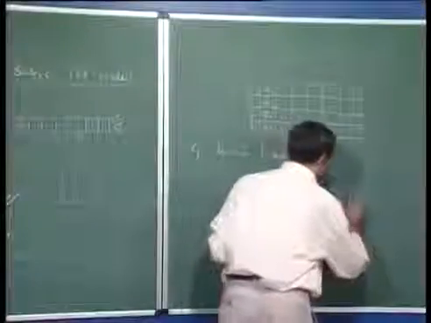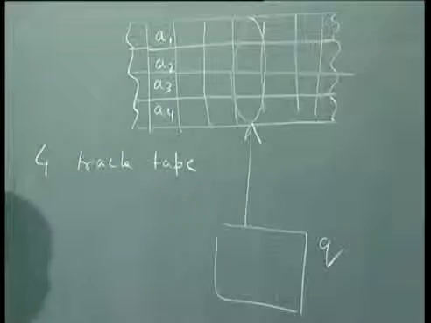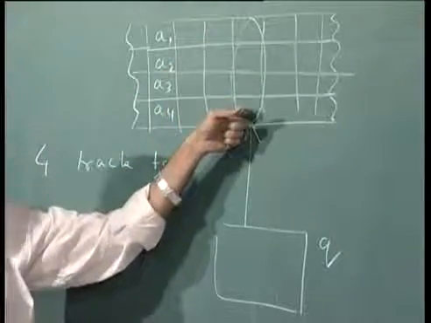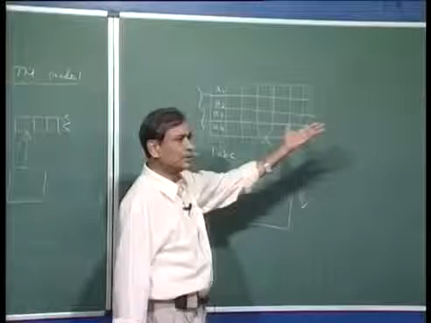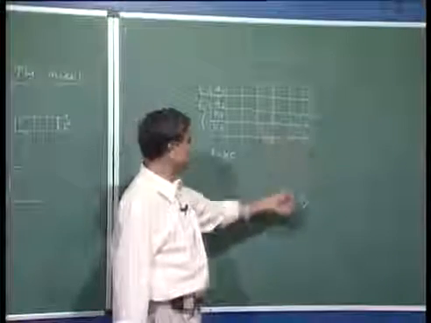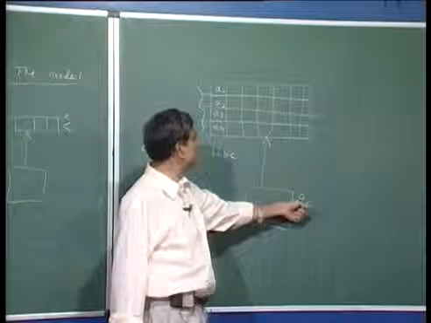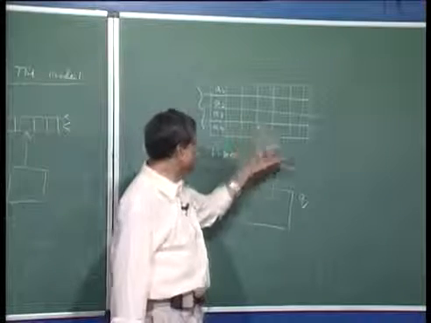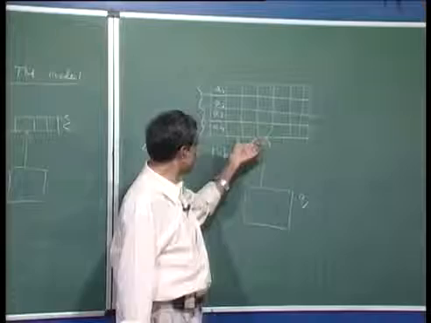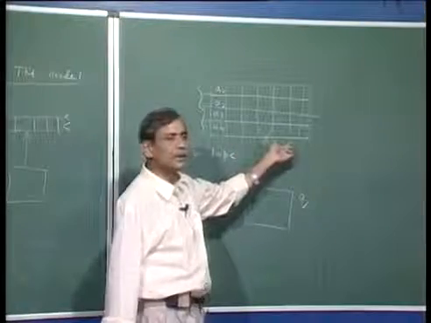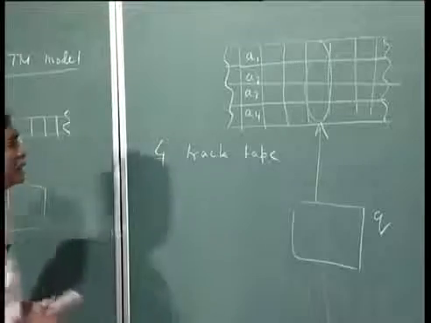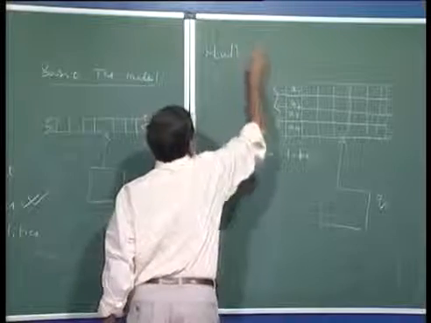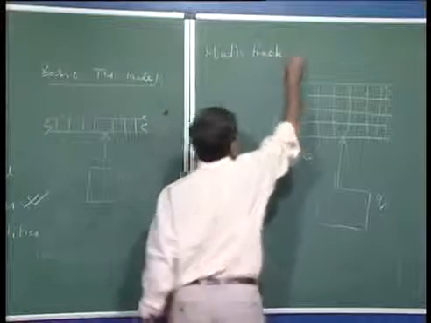The machine is in some particular state, and depending on the contents of these 4 cells, it will make its move, and that move will consist of changing into a new state, writing symbols here in these 4 cells, and then moving the head either one step to the left or one step to the right. So, in other words, what we are describing is a multi-track Turing machine.